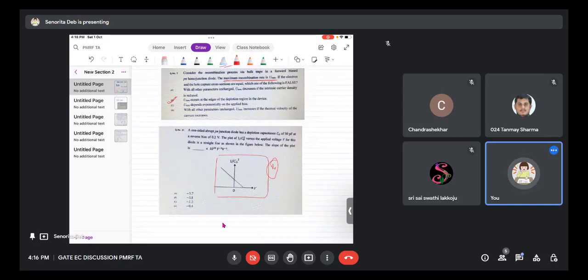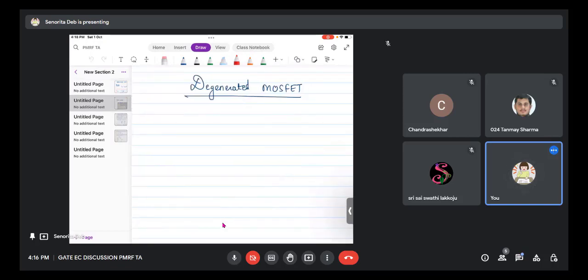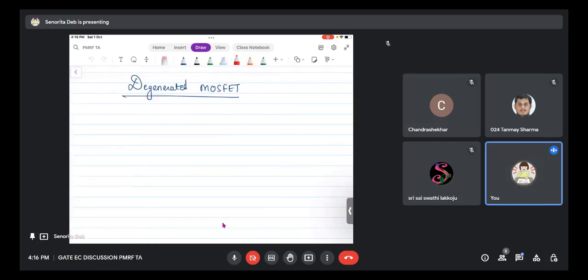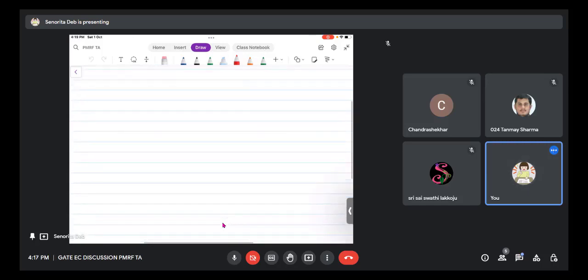So with this, we start with the MOSFETs. Again, today I'll just quickly review, show you the degenerated MOSFET small signal model. We will find out the output impedance, and then we will go on to solve some questions which had come. So what is a degenerated MOSFET?